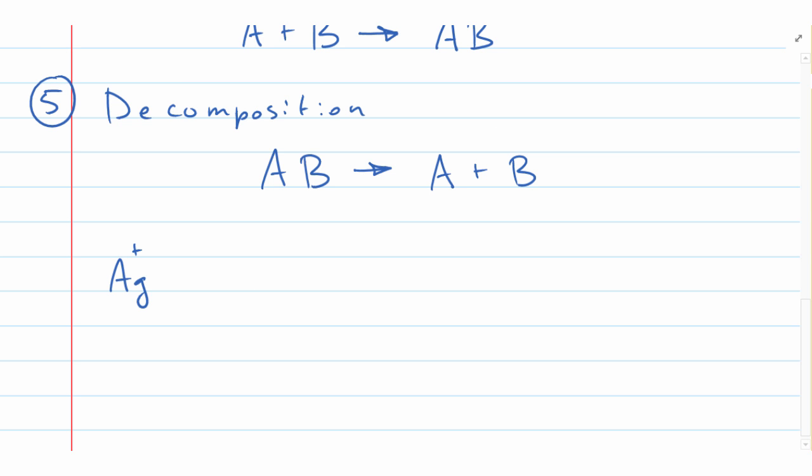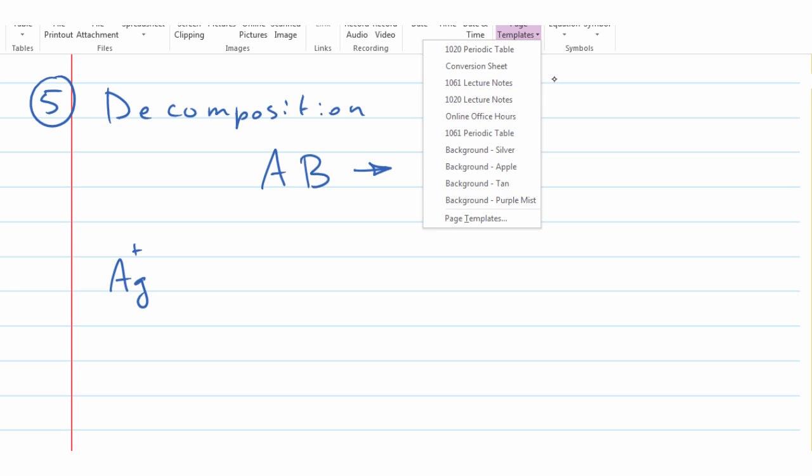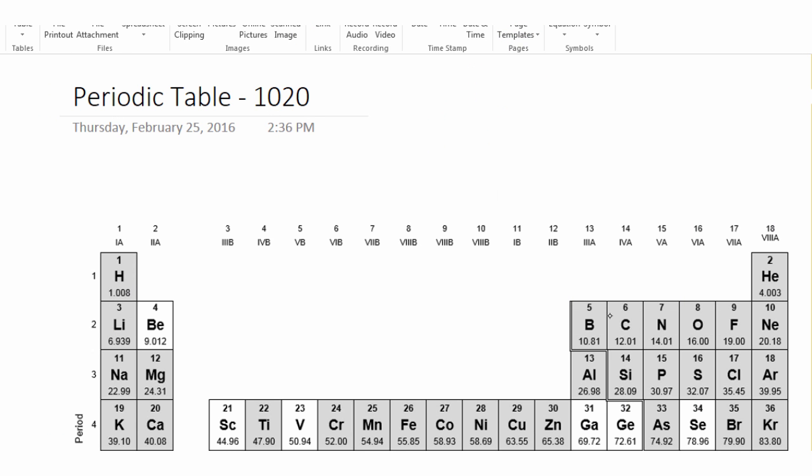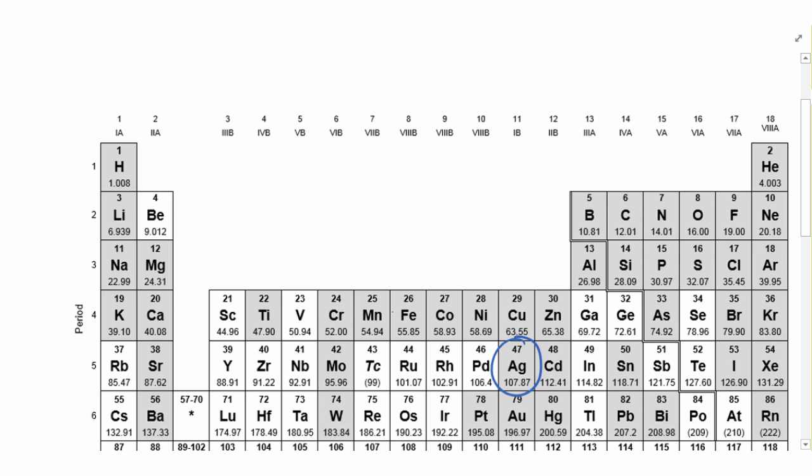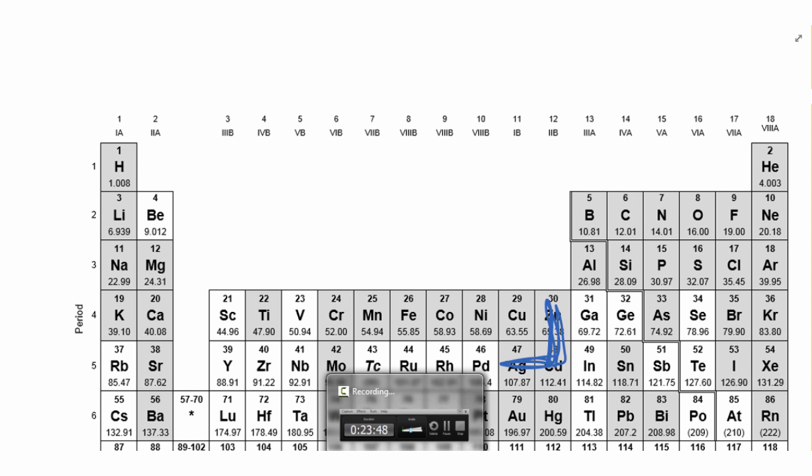Even though silver sits on the periodic table right here, and it's under the category of elements that mostly have variable charges, remember that these three elements here have fixed charges and are ones that you need to memorize on your list of ions.